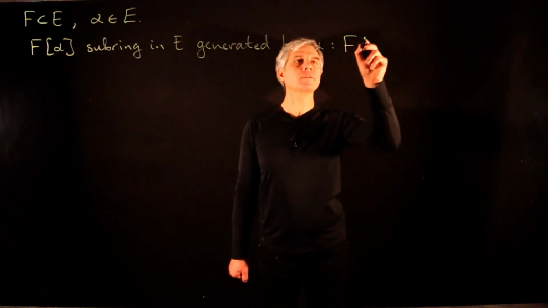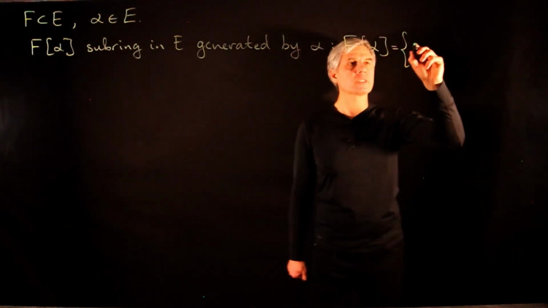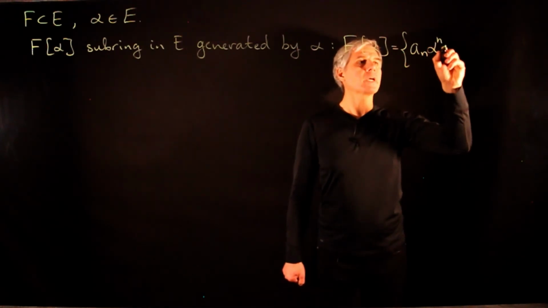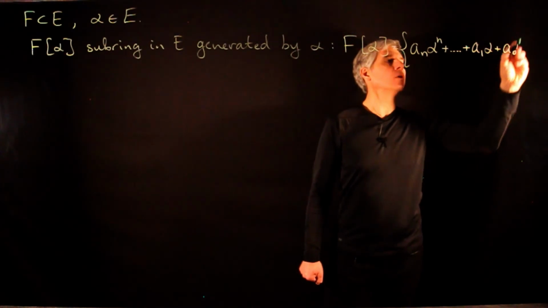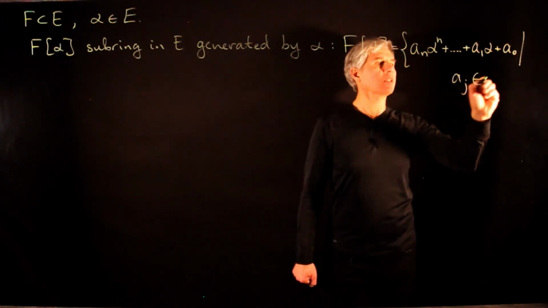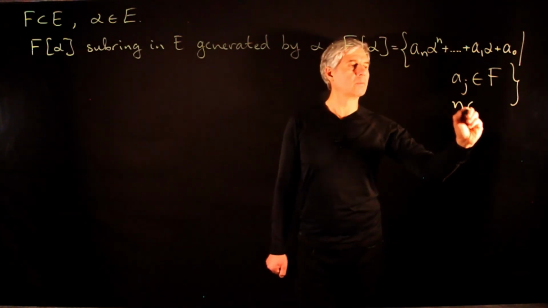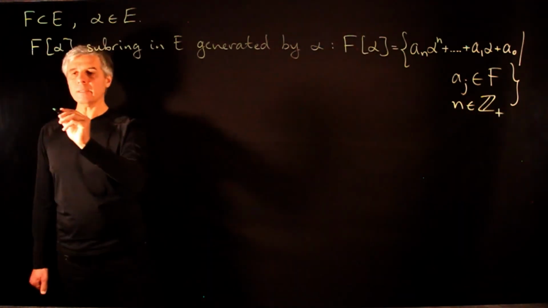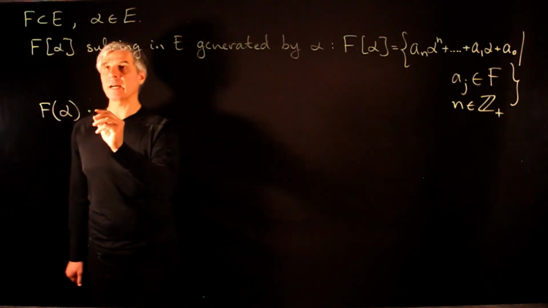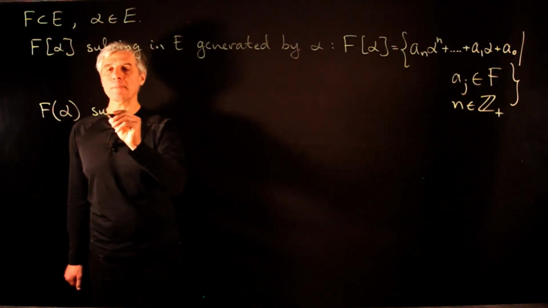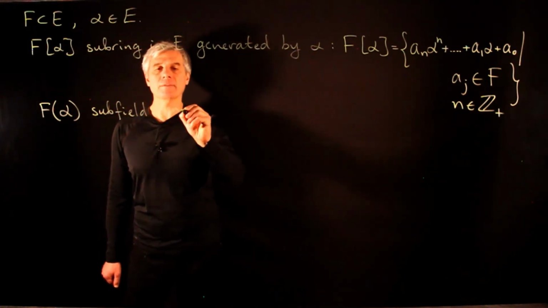So F[alpha] is the set of all polynomial expressions an alpha to the power n plus ... plus a1 alpha plus a0, where the aj's are elements of F, and n is arbitrary. And we consider F(alpha) in round brackets. So this is the subfield generated by alpha.